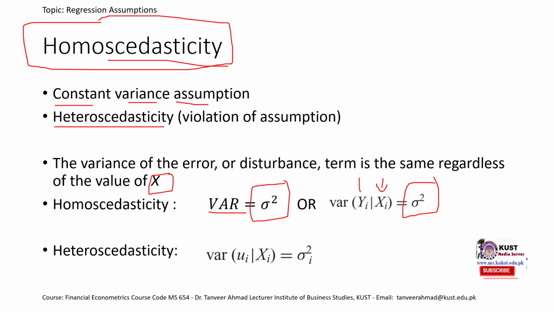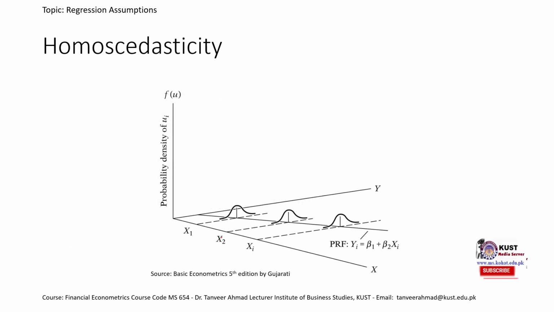And when that is violated, that would be heteroscedasticity, and it would be represented as this, where we would have a different sigma value or variance value for different values of x. So graphically, if we represent this, we have different x values, and here we have the probability density of the error term.